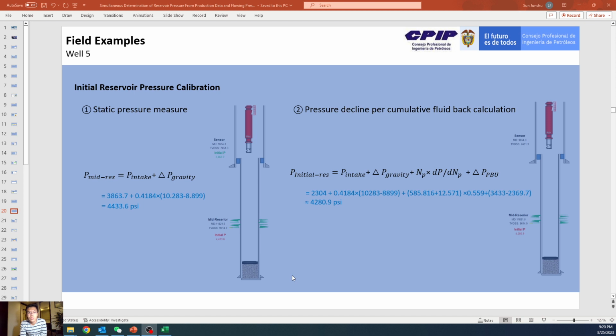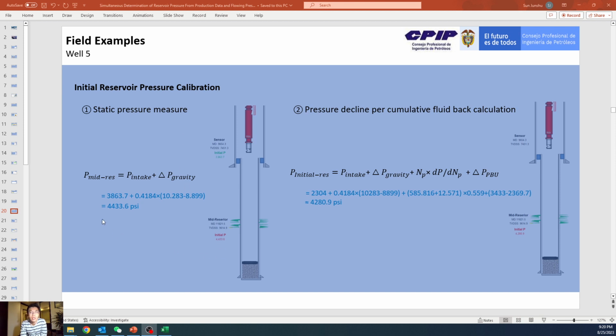So the difference between these two methods is around 150 psi.